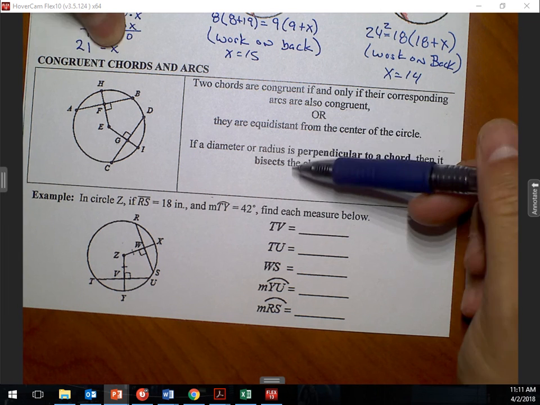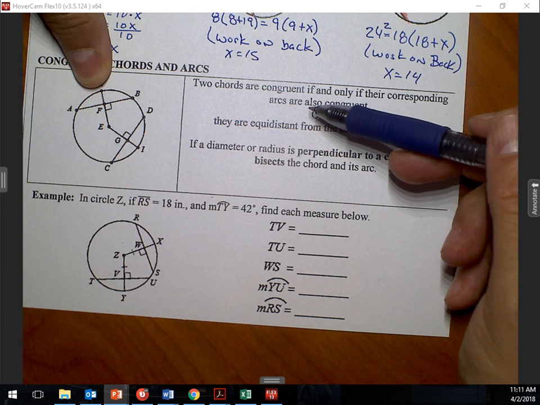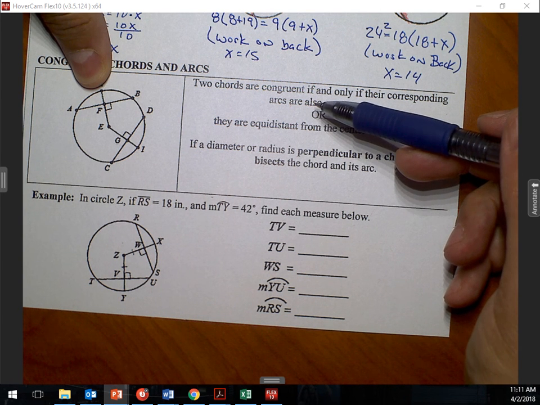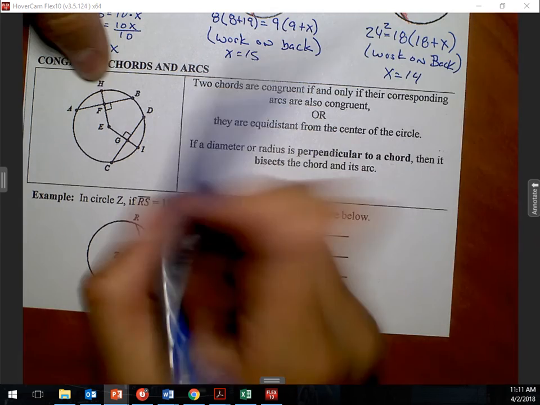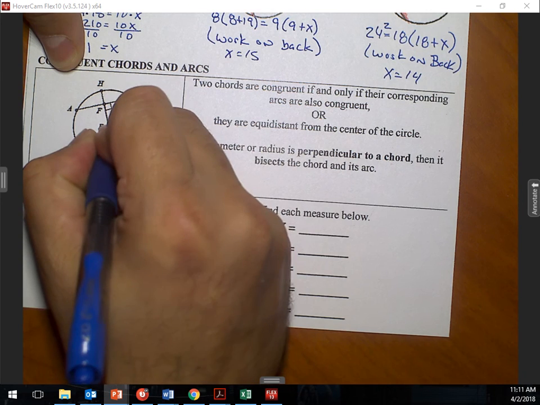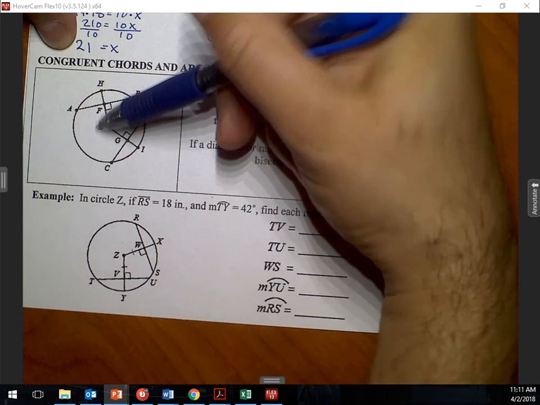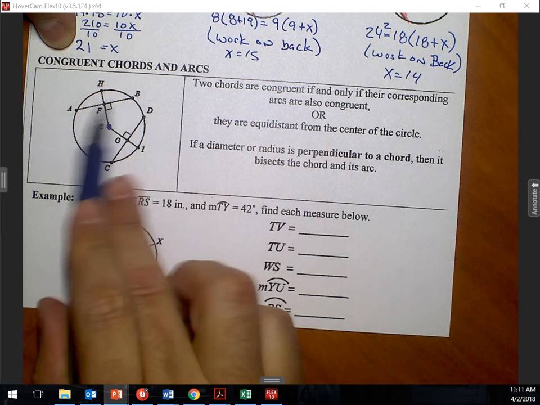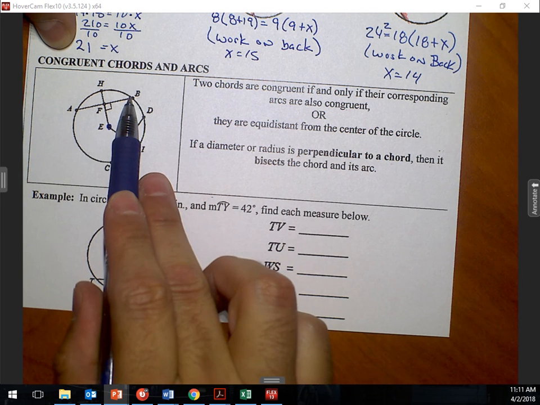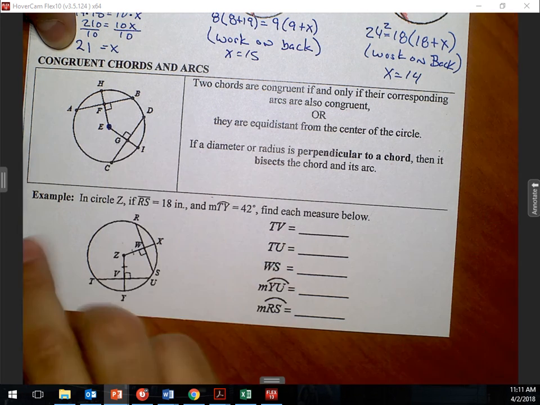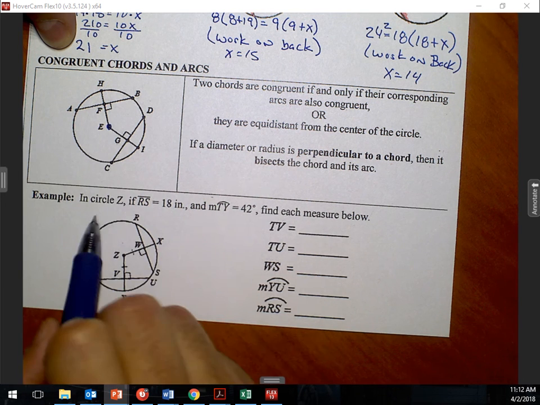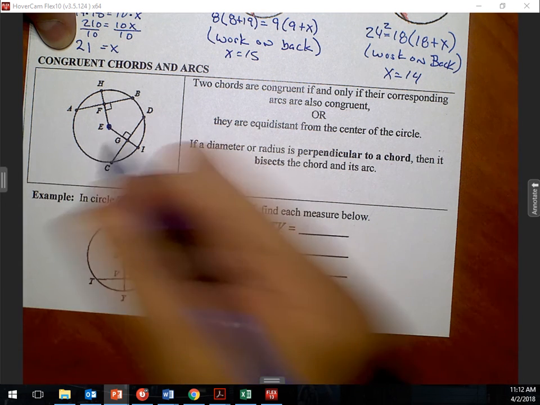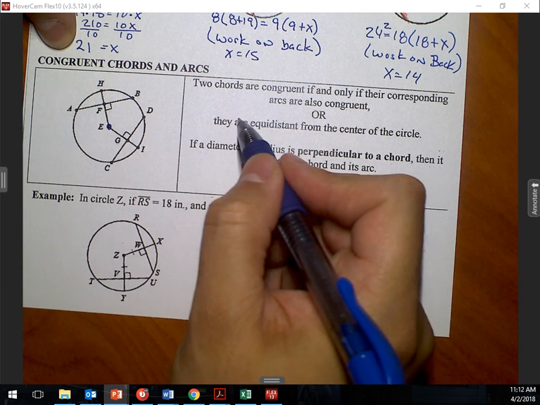Okay, let's start with the bisect. What does bisect mean? Cuts into two equal parts. So if this is center E, this is a radius, and it is cutting through this one, right? So therefore, I'm going to have a whole bunch of things that are going to be the same.